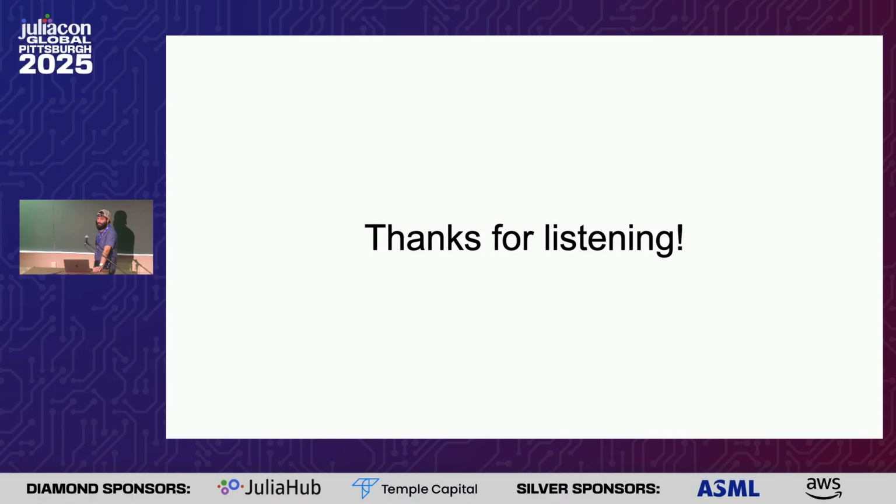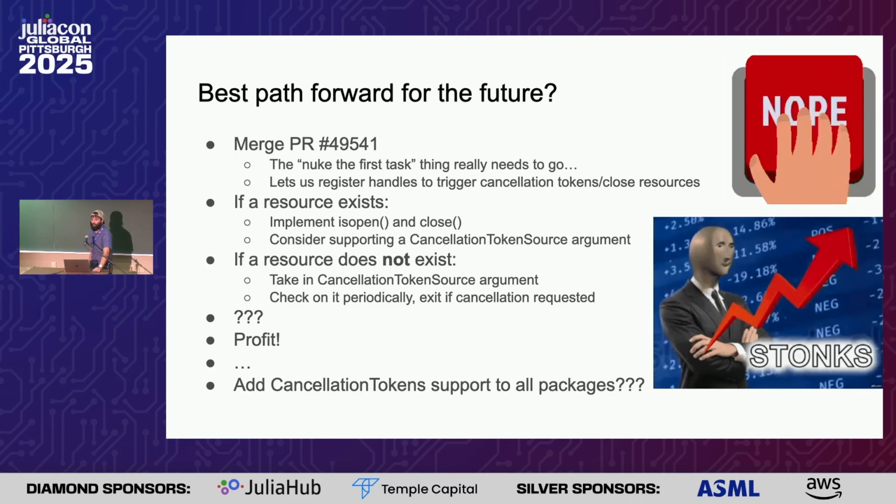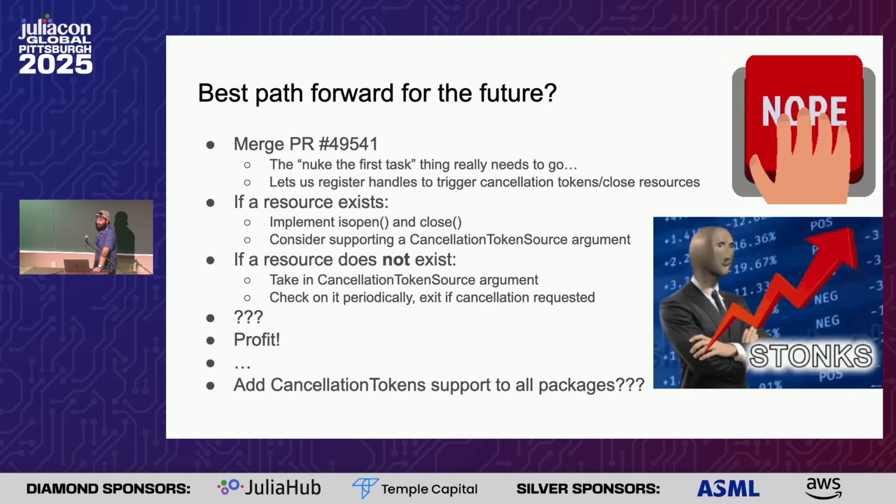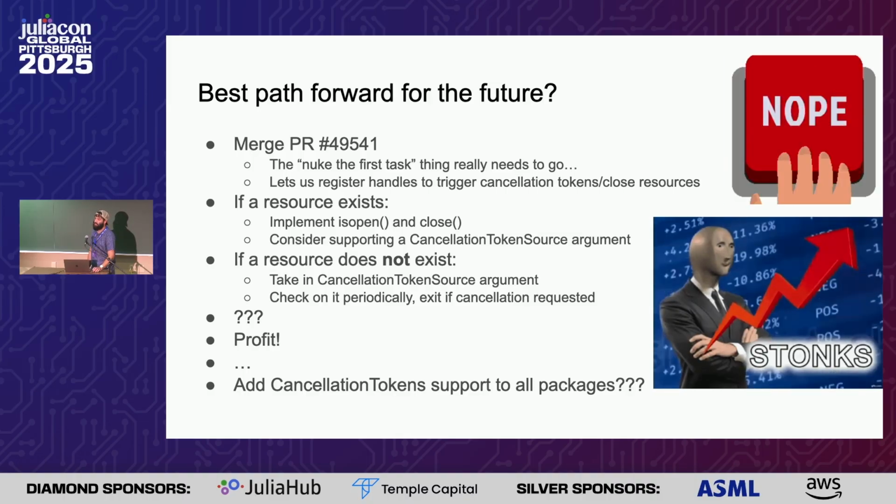In that last slide, you referred to adding cancellation tokens to everything. Are you talking about CancellationTokens.jl, the package, or having cancellation tokens in Base itself? Yeah, that's a great question. I forgot to mention that. Thank you for bringing that up. I do personally feel like cancellation tokens should be in the language so that Base and standard libraries can also use it.